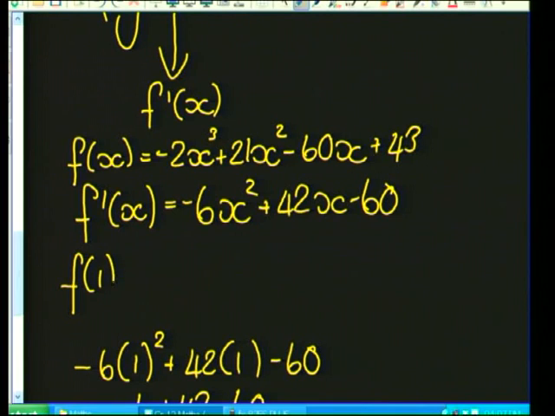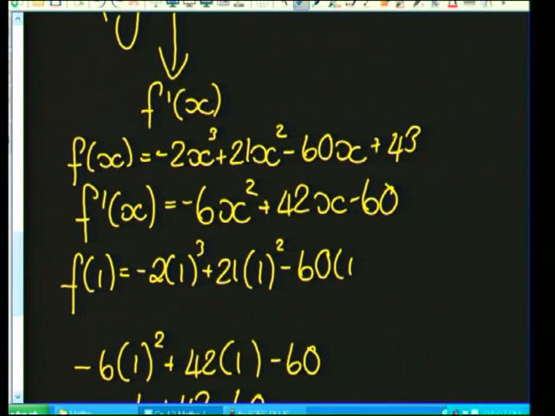So if x is equal to 1, I plug that back into the very original formula to work out f of 1. I've got negative 2 times 1 cubed, plus 21 times 1 squared, minus 60 times 1, plus 43.